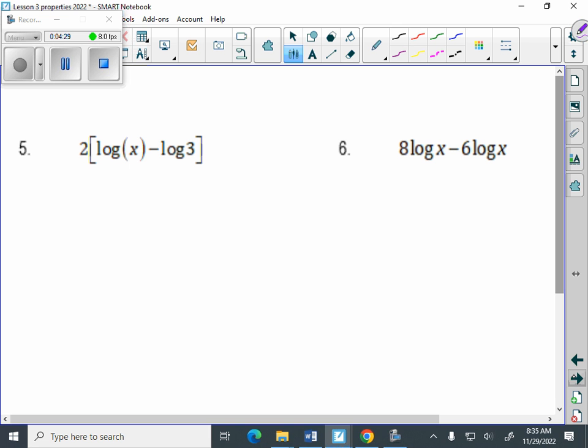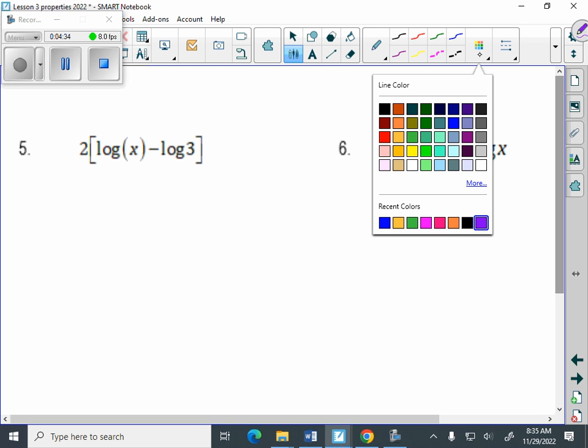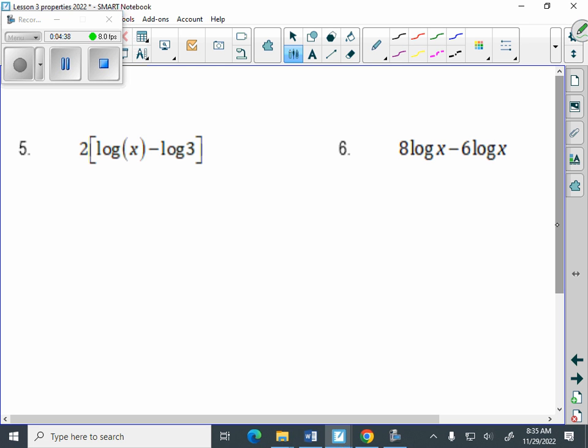Number 5 looks a little bit different from our previous problems, but it's not really. What we're going to do, first of all, is follow the order of operations, which says that we need to do parentheses first. So yes, we have a coefficient on this problem, but we need to simplify what's in those brackets first.